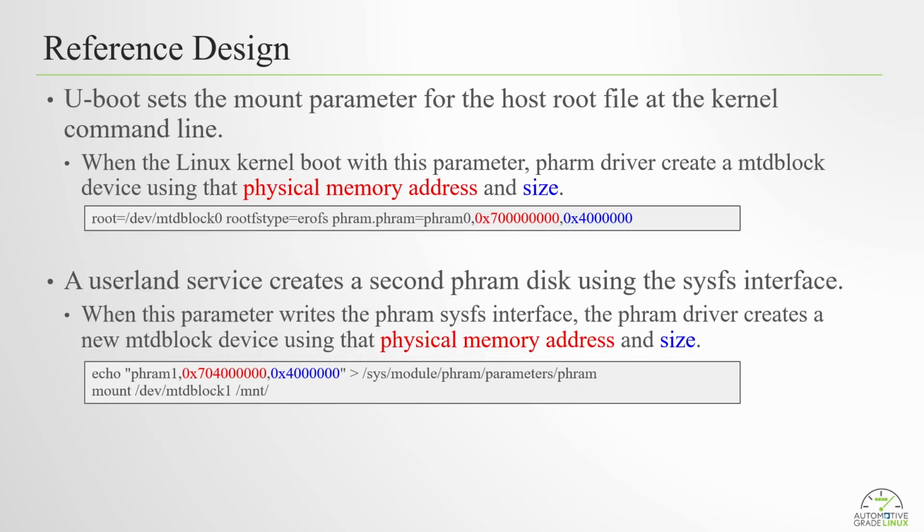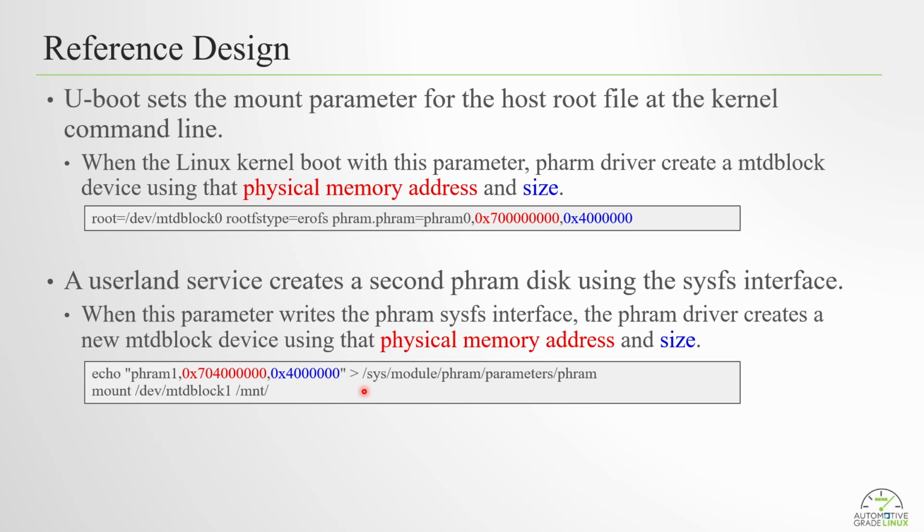U-Boot sets the mount parameter for the host root file system on the kernel command line. When the Linux kernel boots with this parameter, the PHRAM driver creates an MTD block device using the physical memory address and the size. The command line is this one.